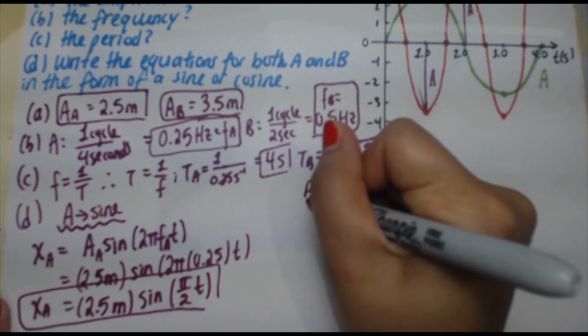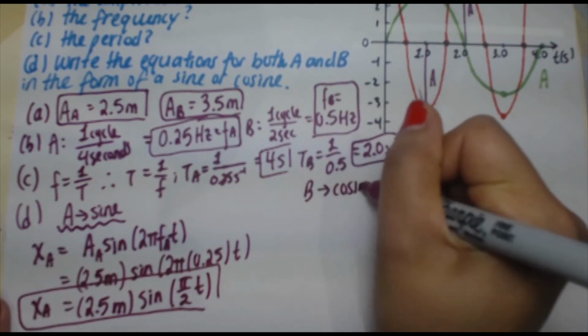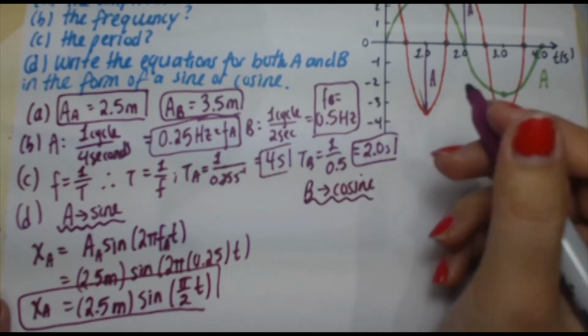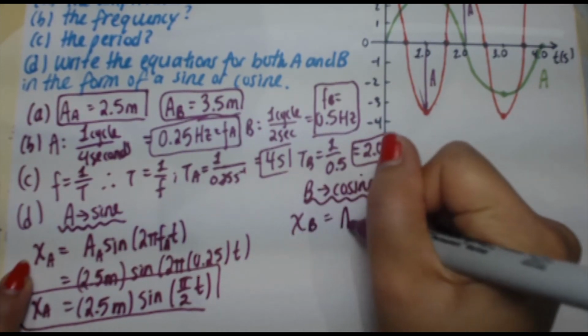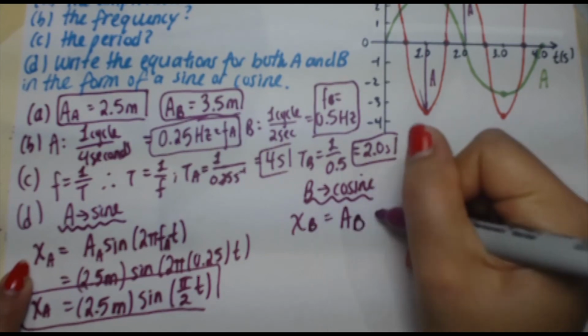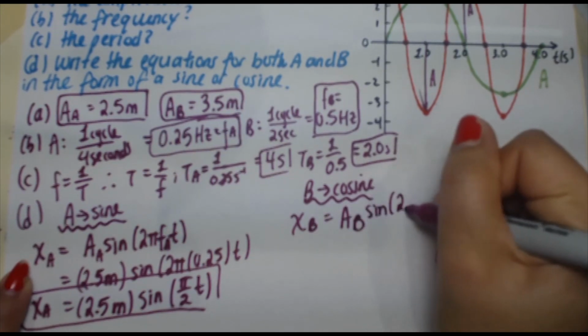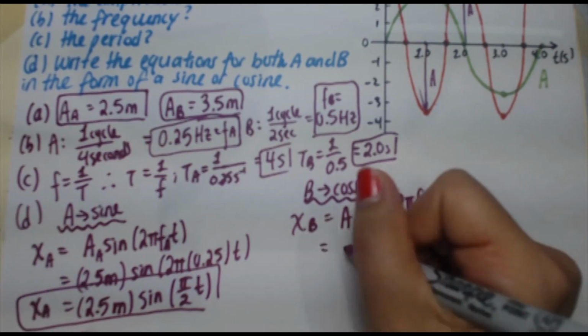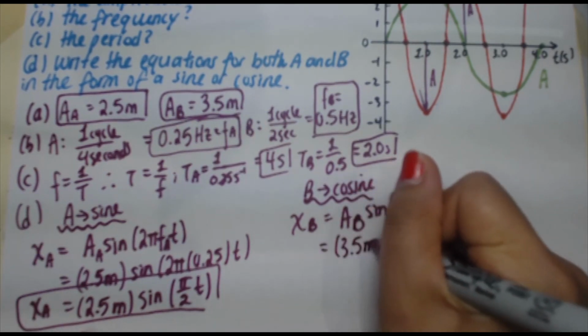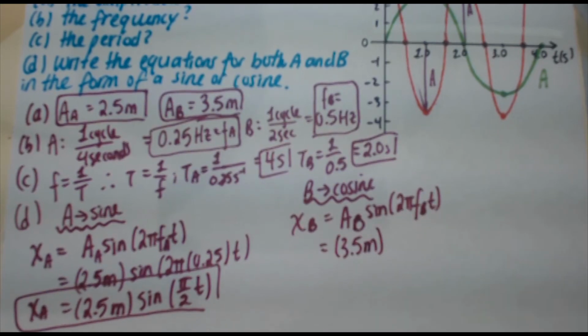Now for B, we said B was modeled by cosine. So same thing, x_B is equal to A_B sine 2 pi f_B t. Plug in your values. 3.5 meters. Oh, guys, sorry, I put sine, didn't I?